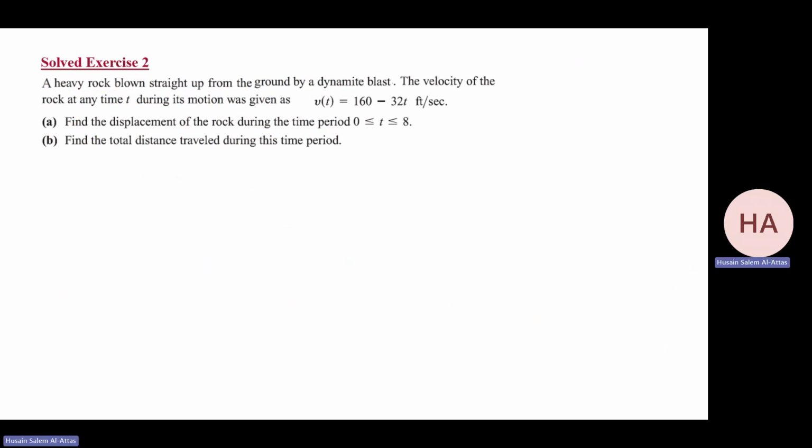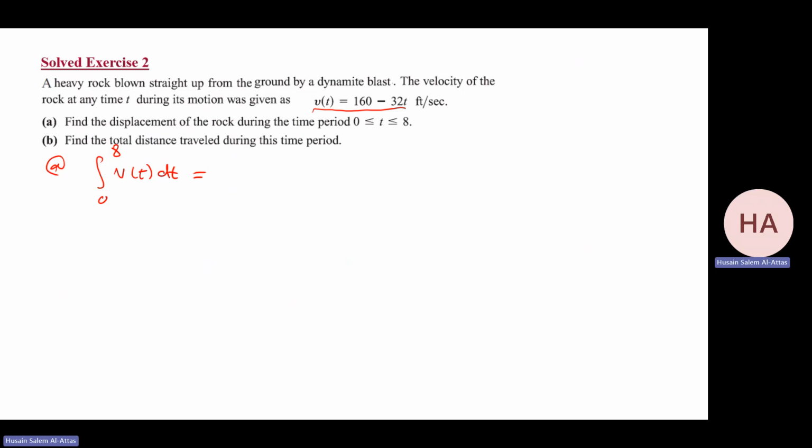Now a rock thrown straight up from the ground by the blast. The velocity of the rock at any time during this is the velocity. What they want is the displacement. Displacement will be what? Integral from 0 to 8 of v of t dt, which is s prime.